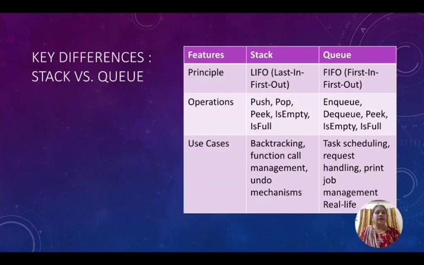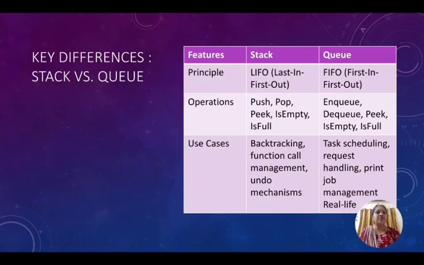Now we have seen what is stack and what is queue. We will see some major key differences. In stack the principle is last in, first out, whereas in queue it is first in, first out. The operations are push, pop, peek, isEmpty and isFull in stack, and the same way enqueue, dequeue, peek, isEmpty and isFull in queue.